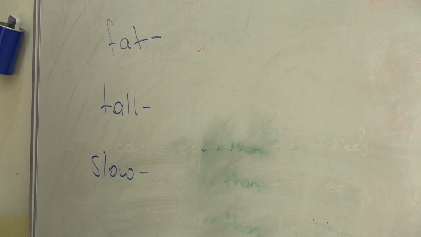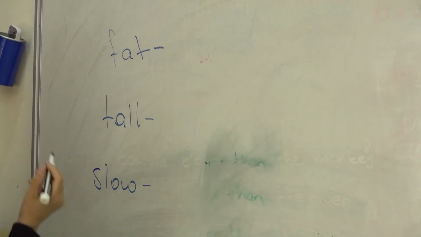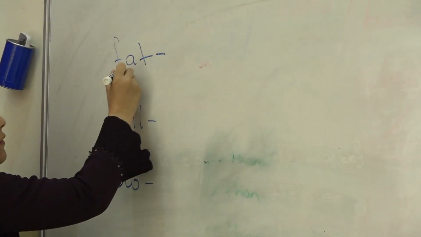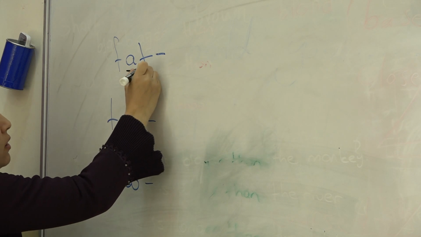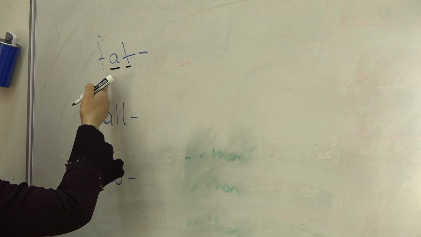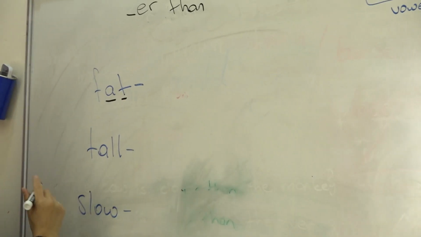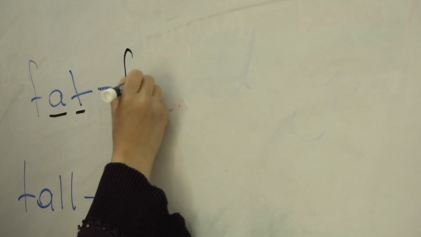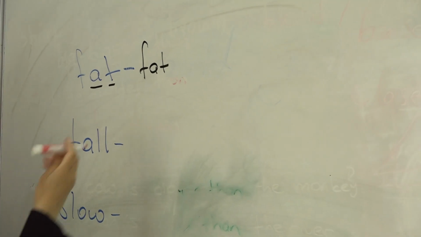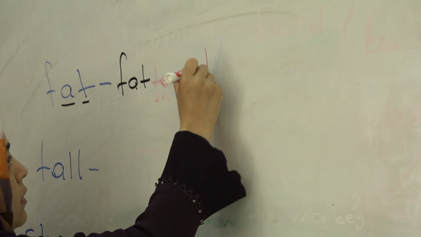To give you more examples, like fat. How was my example? As you remember, I have a vowel here and I have a consonant here. Because my rule says that if you have any adjective that ends in this situation, I double the consonant, like fatter, fatter than.